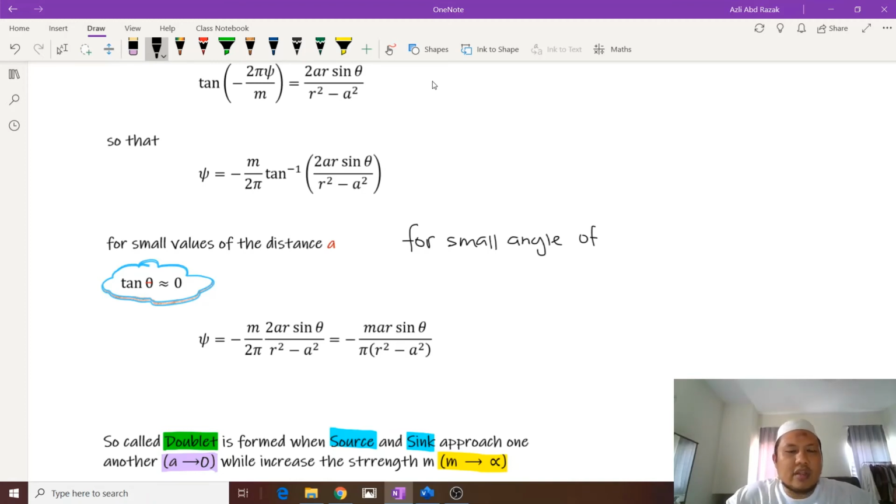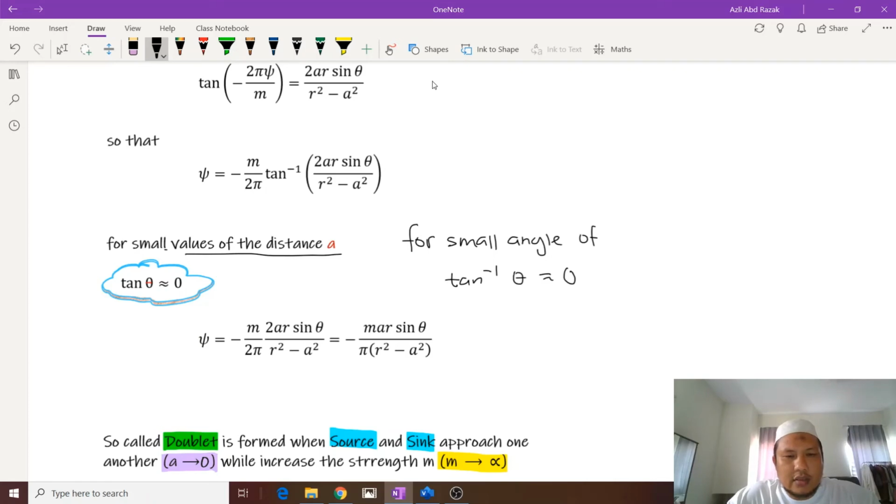When we have a small value of a, the distance is a, so the value of the tangents also becomes small. So for a small value of the distance a, and for the small angle, we can write the tangent of theta as equal to 0, approaching 0.